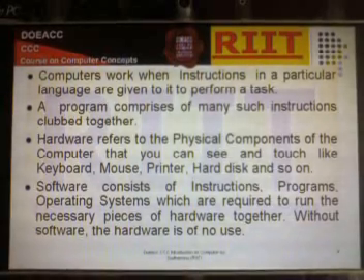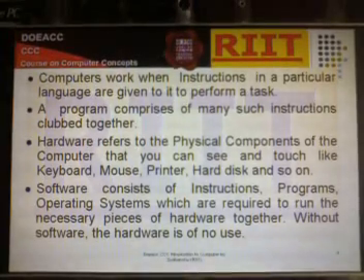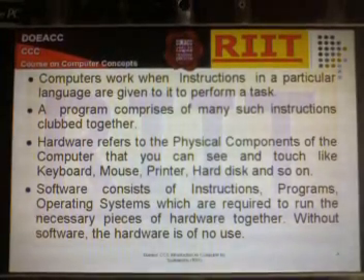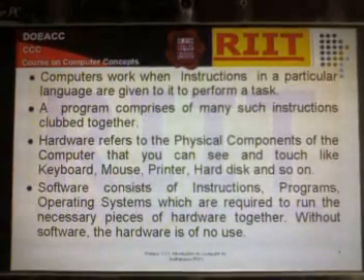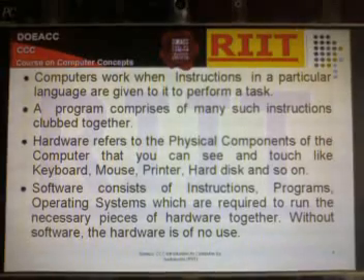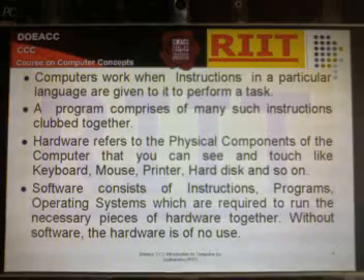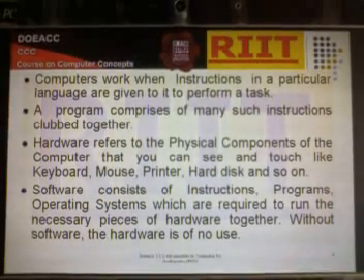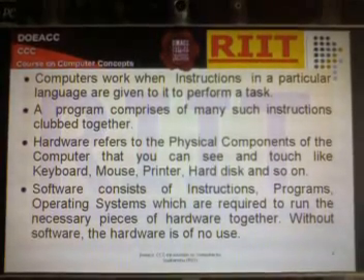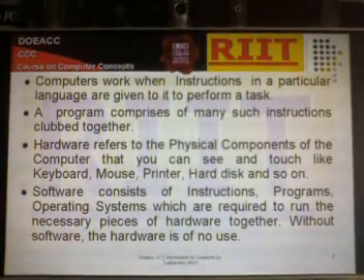Hardware refers to the physical components of the computer that you can see and touch, like keyboard, mouse, printer, hard disk and so on. Software consists of instruction programs and operating system, which are required to run the necessary pieces of hardware together. Without software, the hardware is of no use.